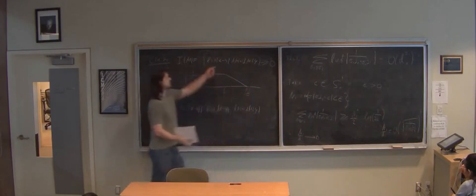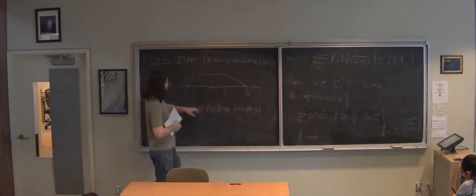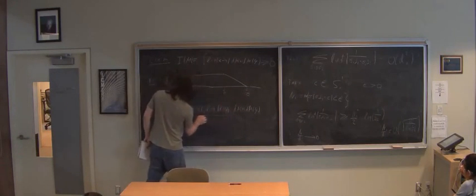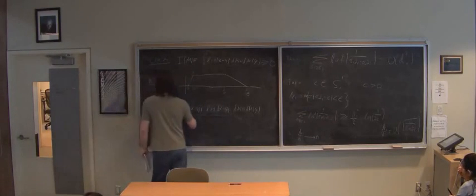I want this not to be too big. Another point is that this function you're integrating here is bounded from below. Okay?